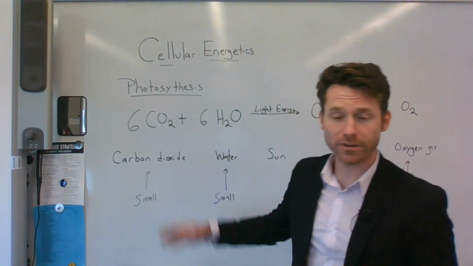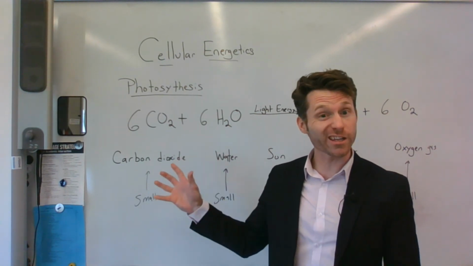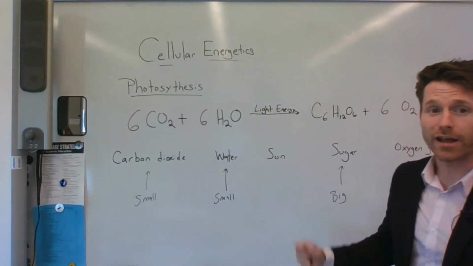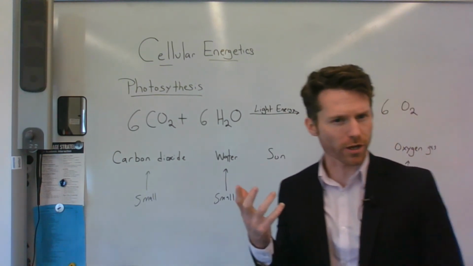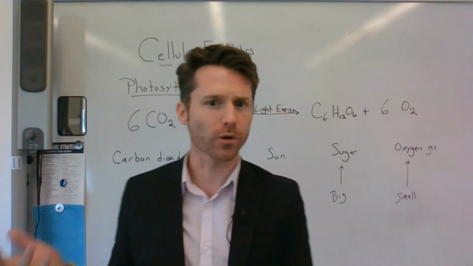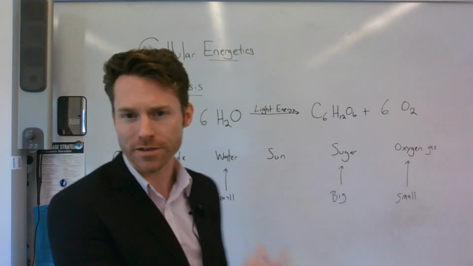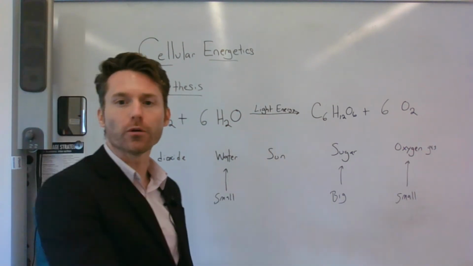So carbon dioxide and water go into photosynthesis, and out comes sugar and oxygen gas. This is a storyline we should all be familiar with. The plants take these in and push those out.